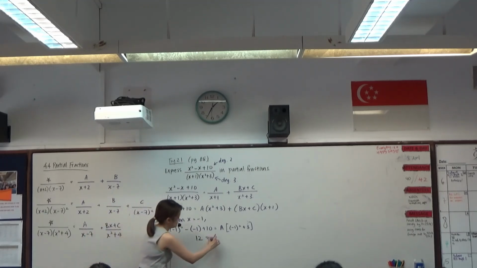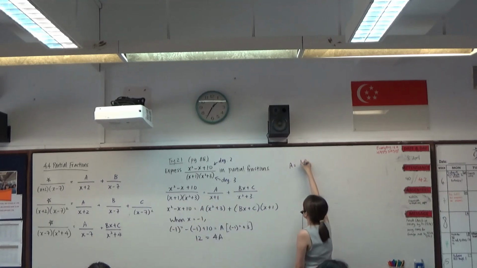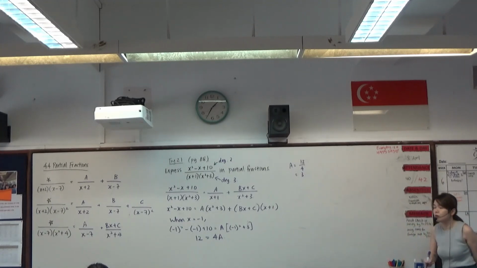Then we get 4A here. So A equals 12 divided by 4, which is 3. So A is simple to find.